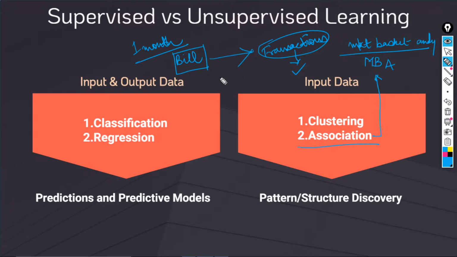Hope it's very simple. Now, this bill which I have would not give me the date and the username and his address and the gender and all. It would only give me a list of transactions and the number, like one, so many items, two, so many items, three, so many items, four, five, and likewise.